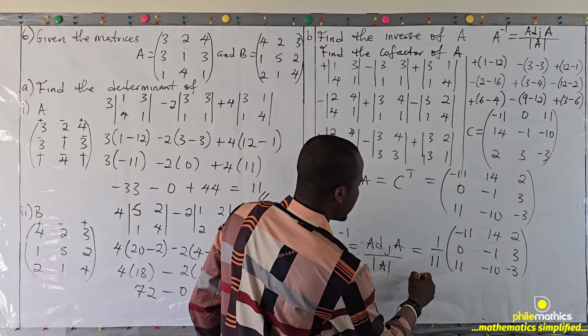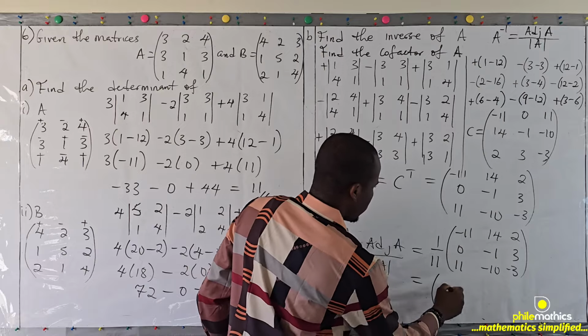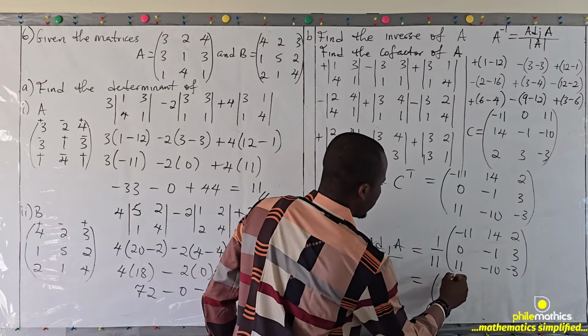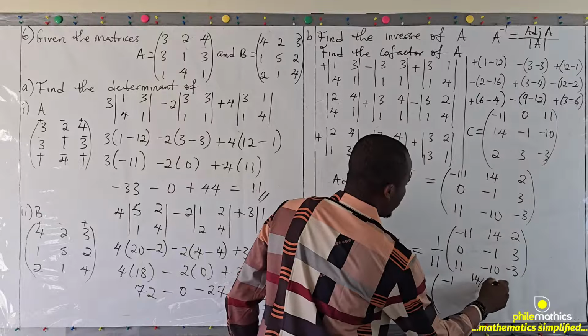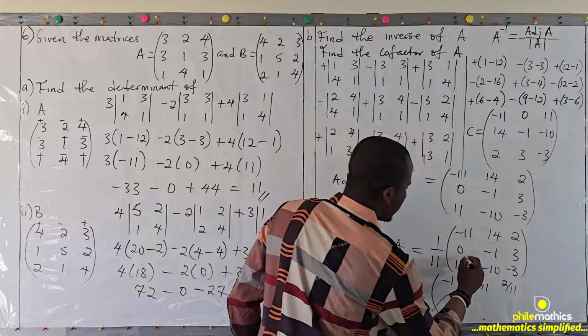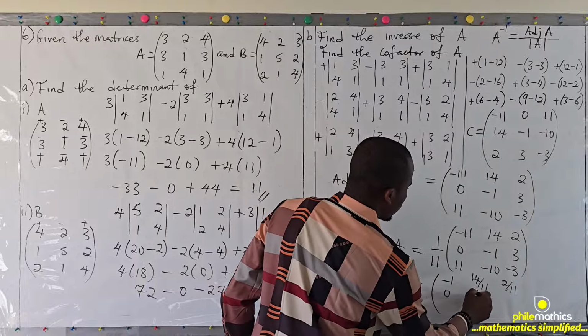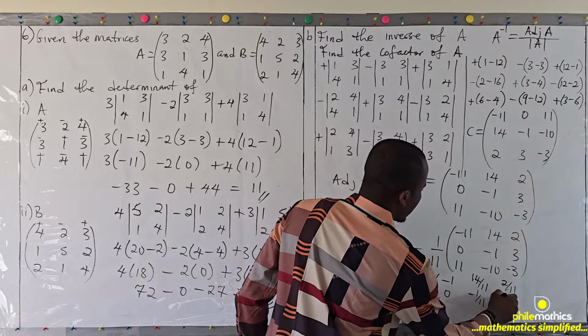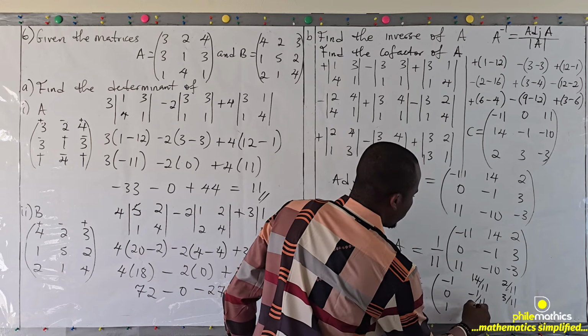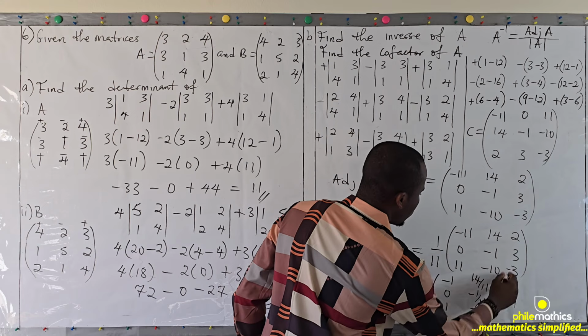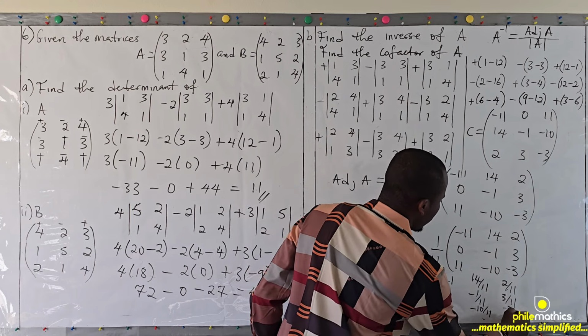So if we multiply this, we'll get minus 1, 14 over 11, 2 over 11, 0, minus 1 over 11, 3 over 11, 1, minus 10 over 11, minus 3 over 11.